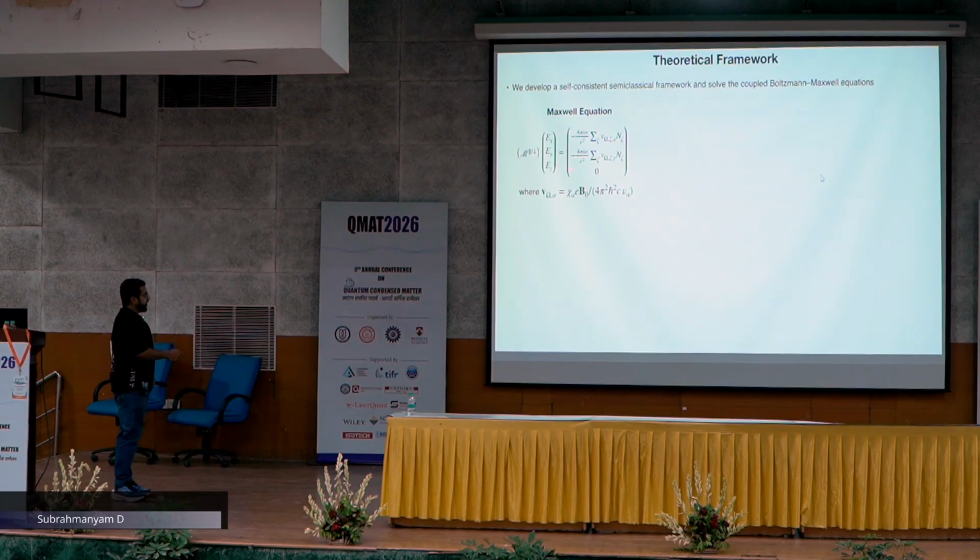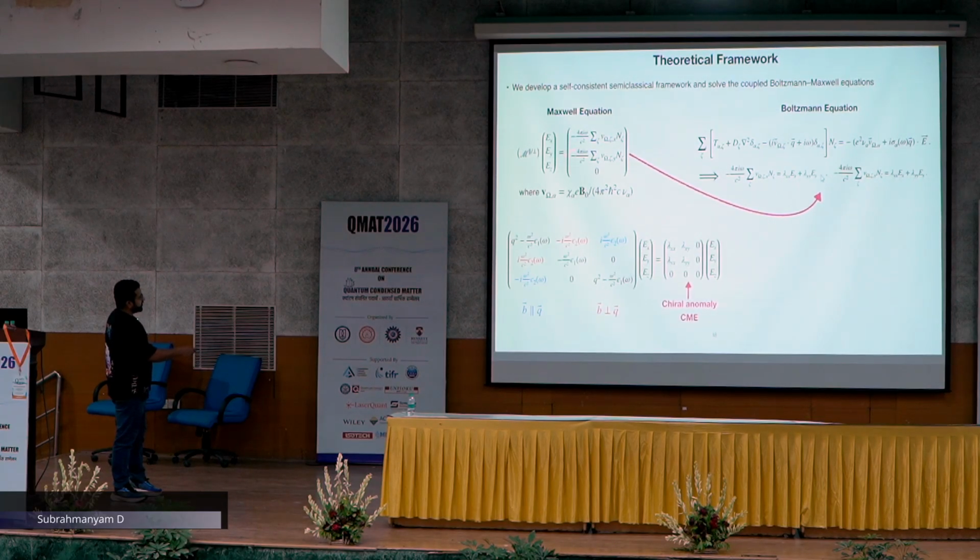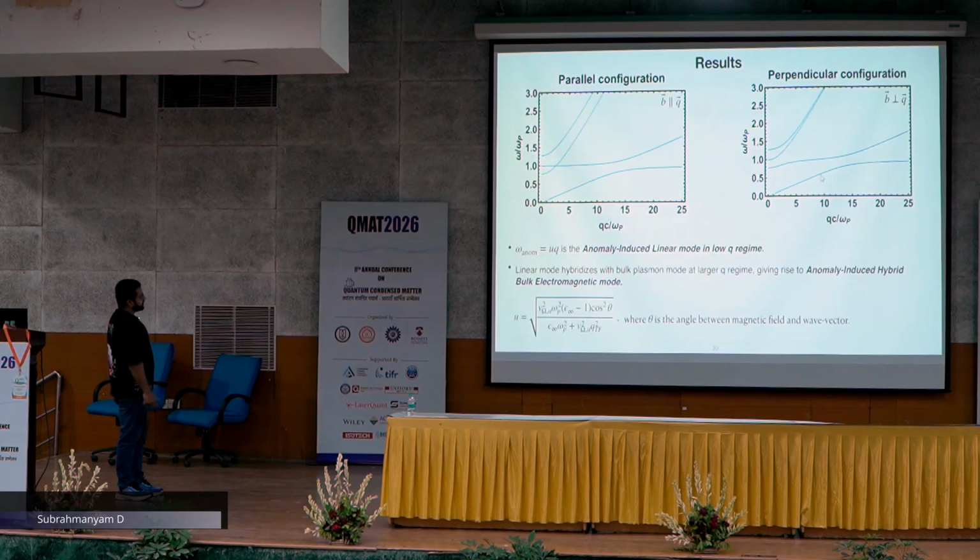We write the Maxwell's equation for the bulk of Weyl semimetal, and we see the Maxwell's equation becomes inhomogeneous, and in order to solve this right hand side, we use Boltzmann equation and obtain this right hand side in terms of electric field again, and then we plug it back to get the overall Maxwell equation. We can see the Maxwell's equation now captures the chiral anomaly and chiral magnetic effect, and then we solve the system to get our results.